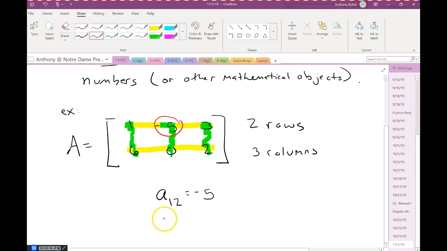That's a 1 and a 2, because that -5 is in the first row and the second column.